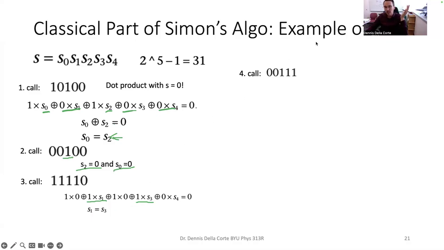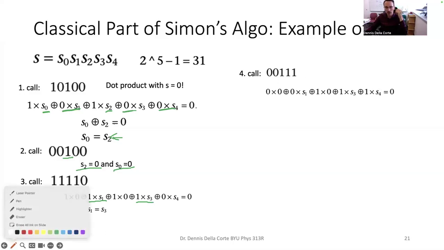By now, there is a chance that we would not get further, because we either get the 0 string or we get the strings that calls 1, 2, and 3 have given us. But since there are 31 options, maybe we are lucky and the fourth call gives us a new string that we didn't have before. If we plug it in, we again get a dot product. We have here that S3 and S4 are the same.